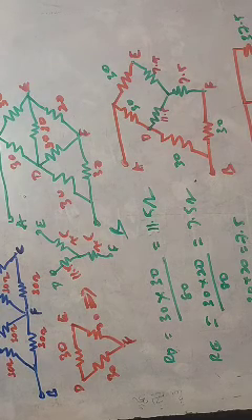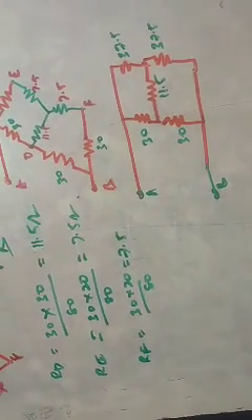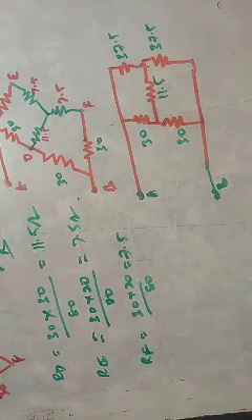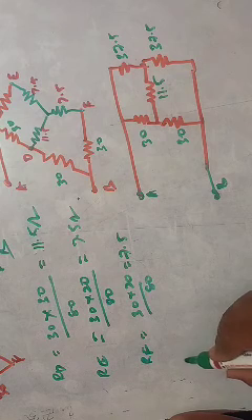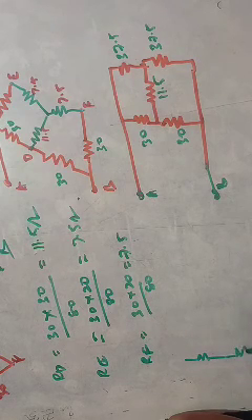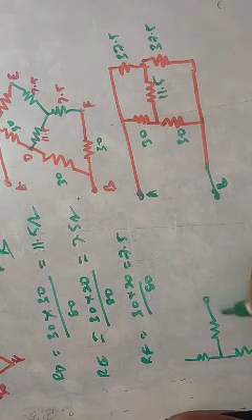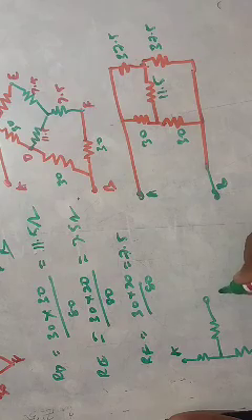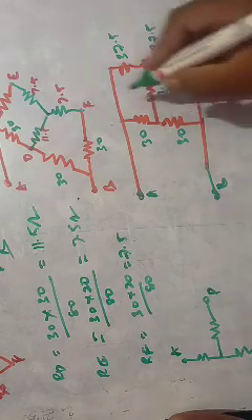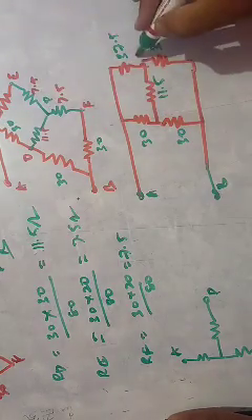What is this? 30, 30 and 11.5 are in star form. I have to convert that into delta form. This is A, this is B, this is P. Somewhere you may put this as P, it will be helpful.